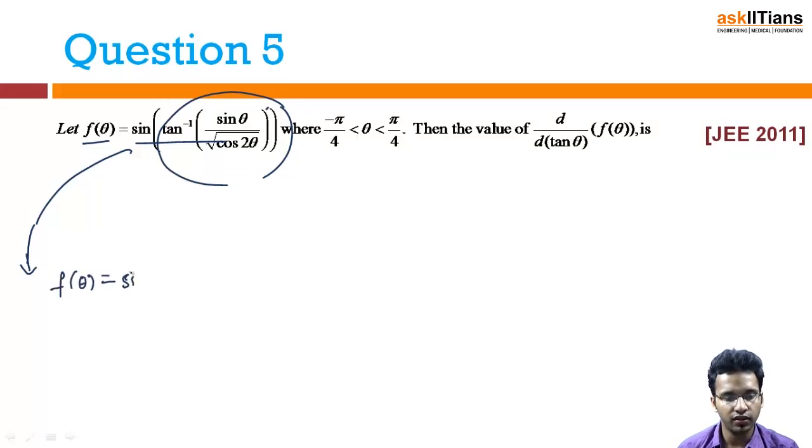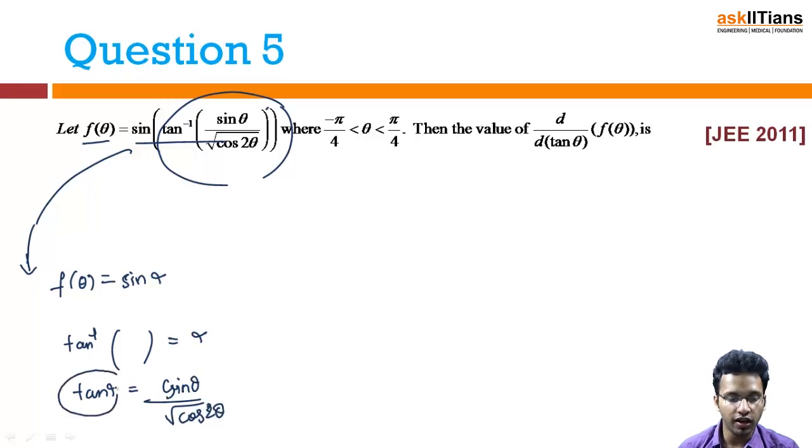F theta is sine alpha, where tan inverse of this thing is alpha. So from this I can get tan alpha. What is tan alpha from this? Sine theta upon root cos 2 theta. So if I have tan alpha, can't I get sine alpha? Beautiful question. You will be asking how from this we are getting this.